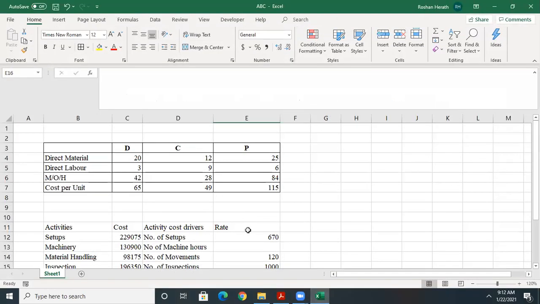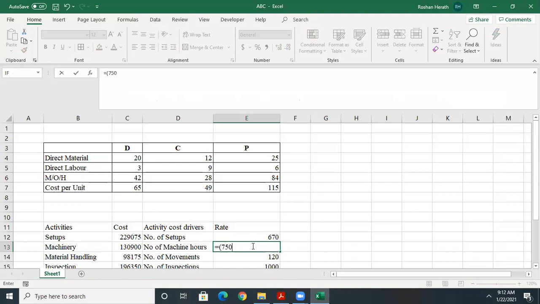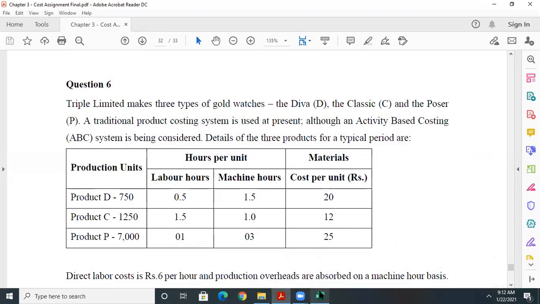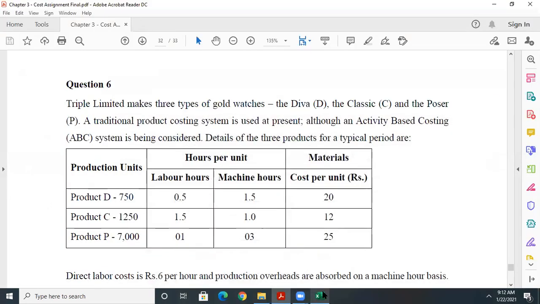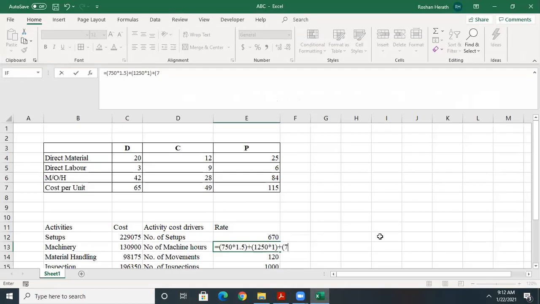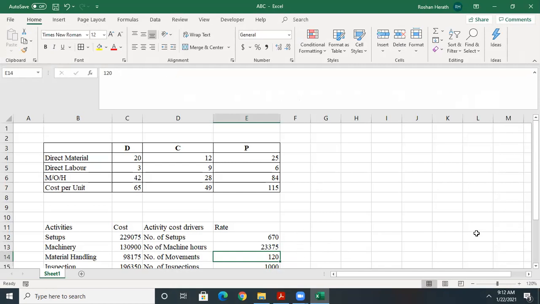So it's 750 units into 1.5, plus the second product, product C, 1250 units at 1 machine hour per unit, and the other one, 7000, into 3. So that is going to be the machine hours.